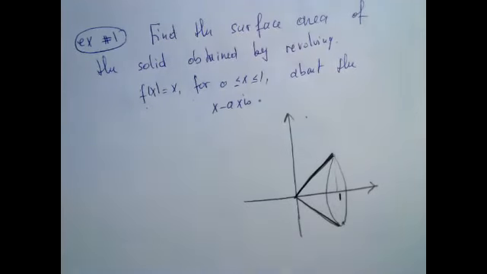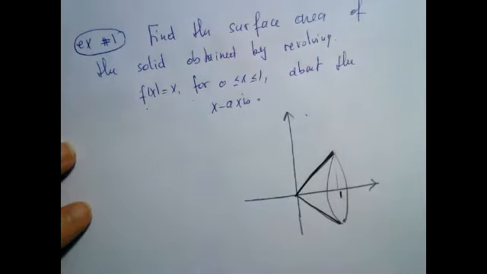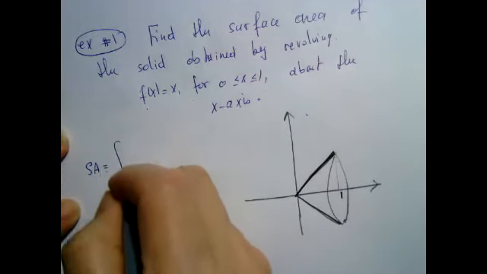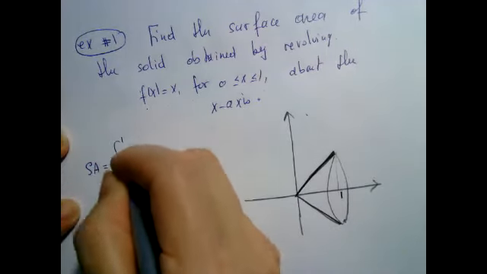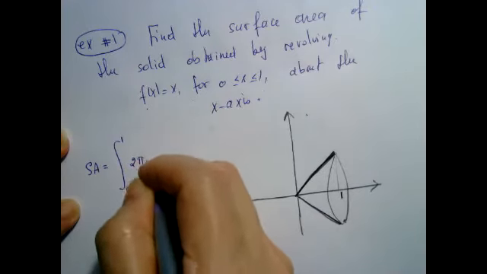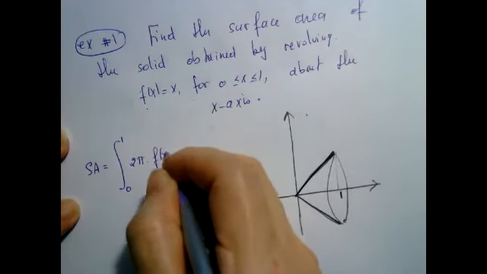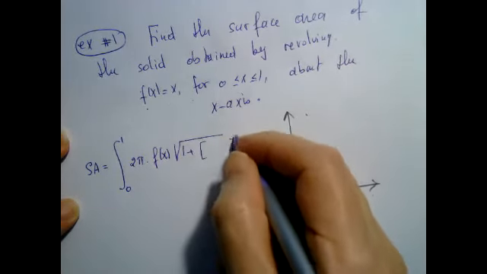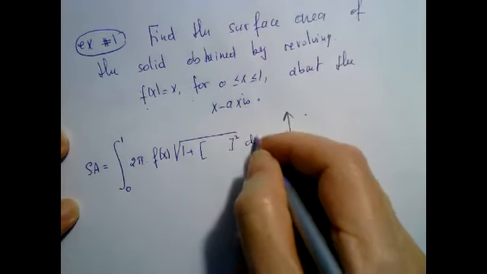So we're going to use the formula verbatim, which is simple, of course, in this scenario. What's the surface area? Remember now it's not the length, it's the surface area. The integral from 0 to 1 of 2 pi times the value of the function times the square root, dx.